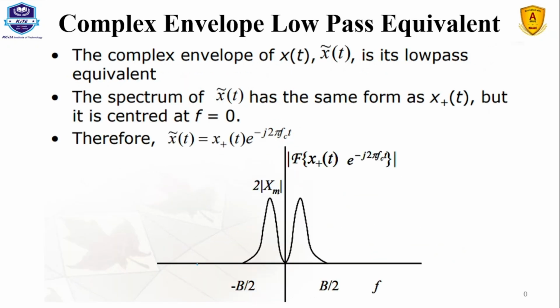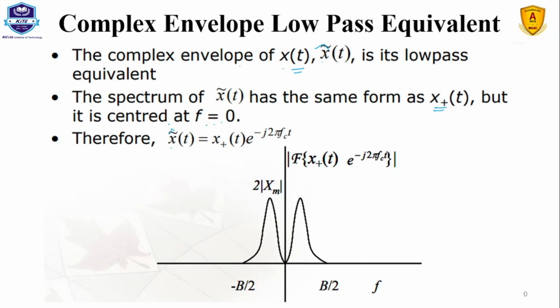So what is the complex envelope, the low pass equivalent signal? The complex envelope of a signal x of t is represented as x hat of t, and its low pass equivalent is given by this. The spectrum of this x hat signal is the same as that of x plus of t, but centered at frequency 0.